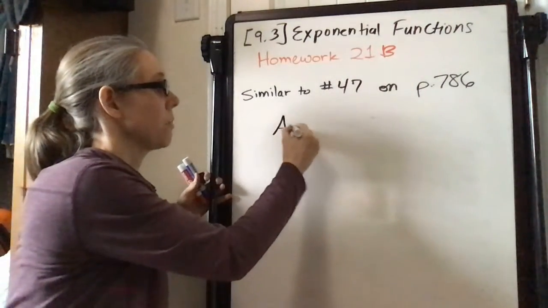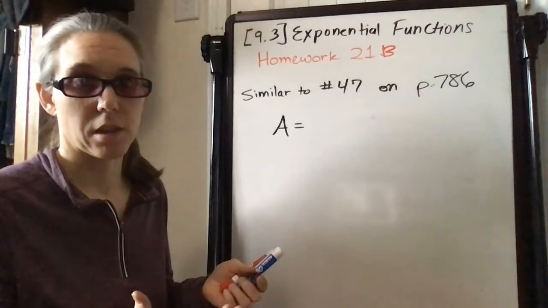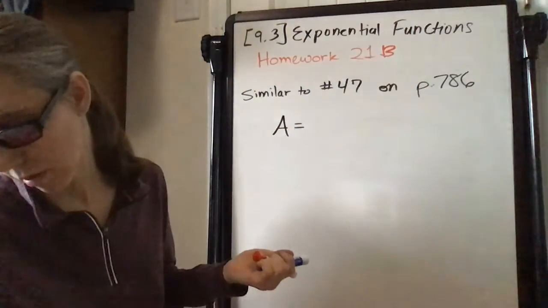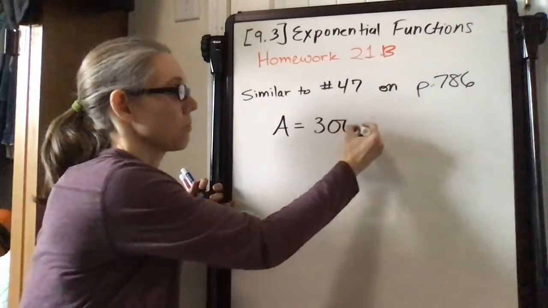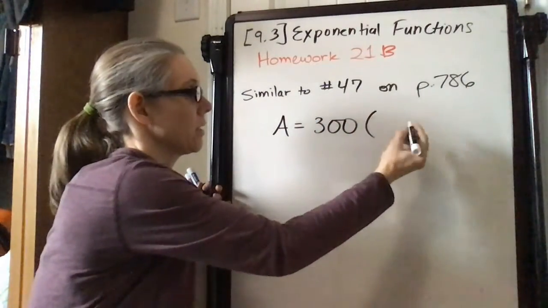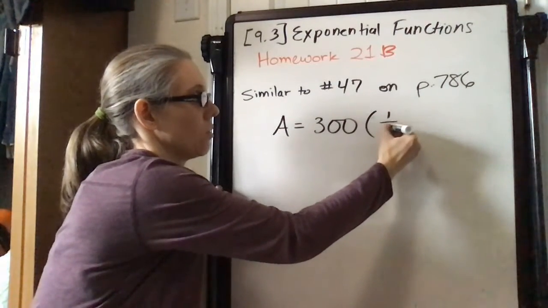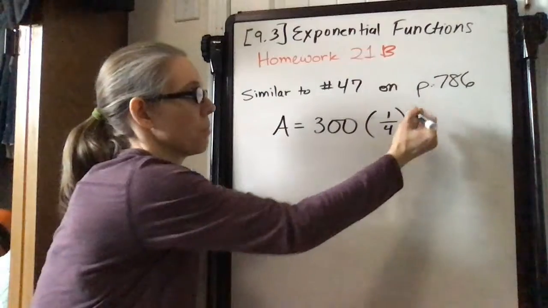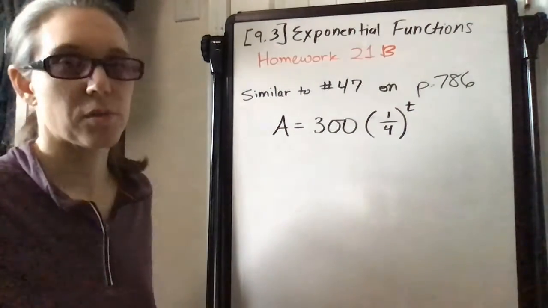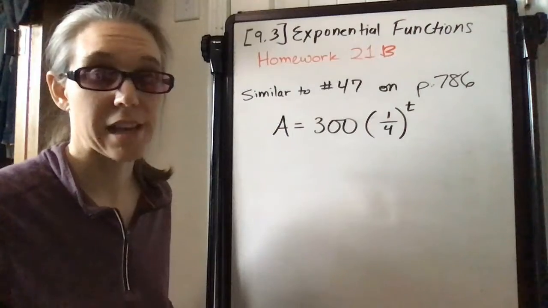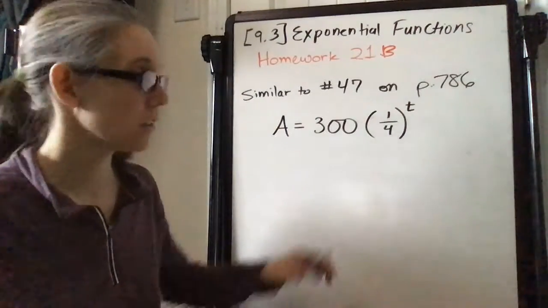Suppose the amount of a particular substance after a number of years, let's do years, if the initial amount of the substance is maybe 300 grams and it decays over time, maybe 1/4 of that amount per year, and we want to figure out how much of this substance is left after 10 years.